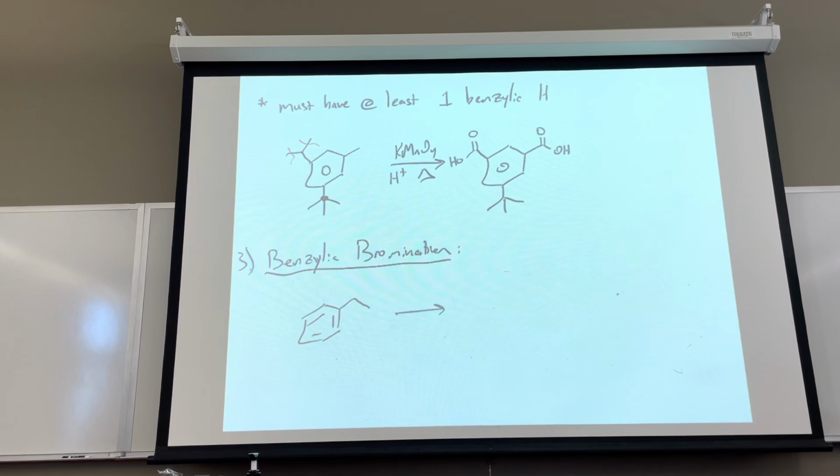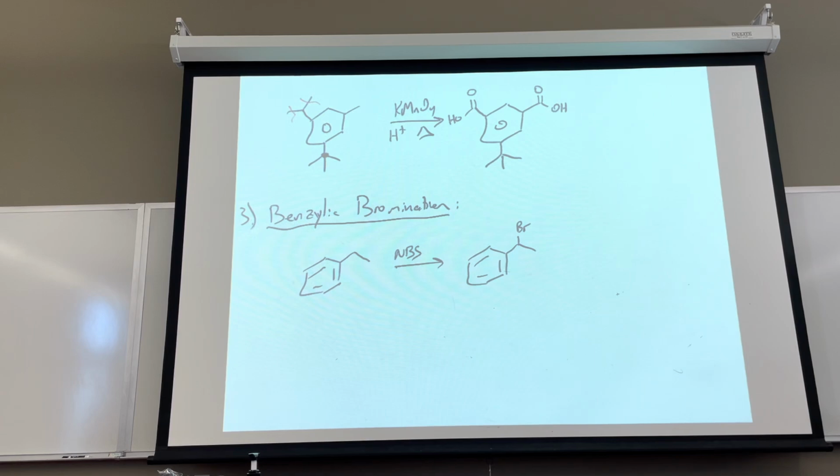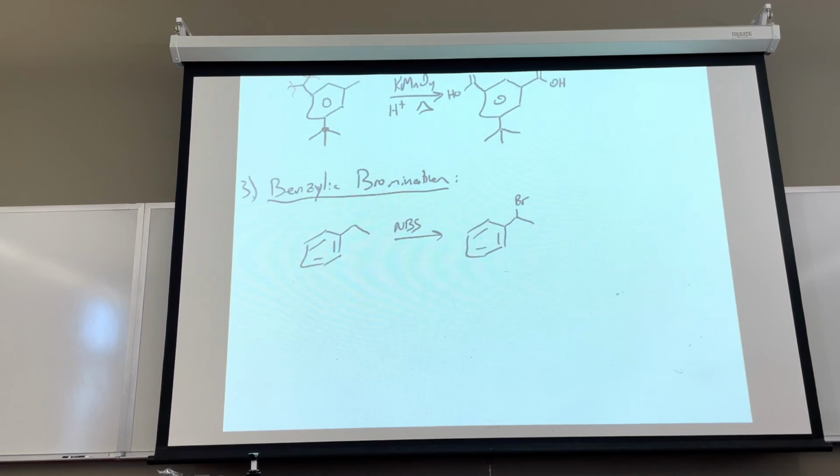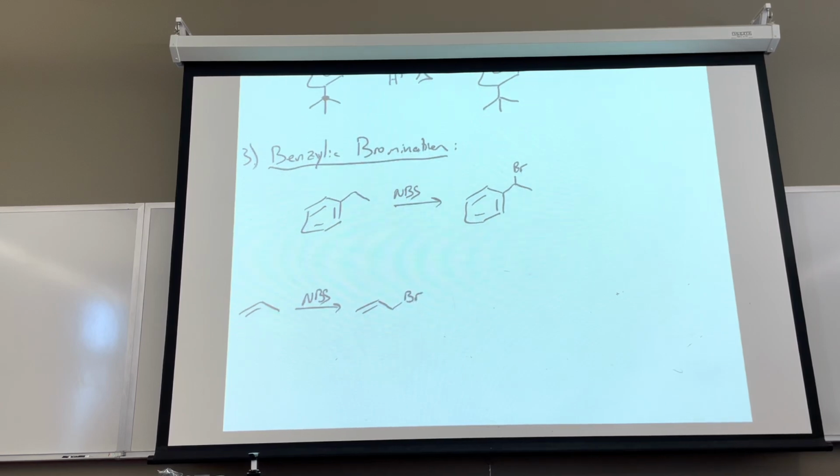So I can take something like this. Do you remember what was the reagent that you used for allylic bromination? NBS. Yep, NBS. So that is oftentimes used here as well, but not exclusively. So if you recall, with the allylic situation, the reason why you typically used NBS was because you wanted to ensure the allylic bromination.